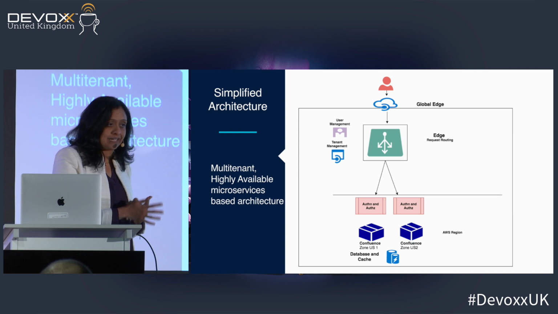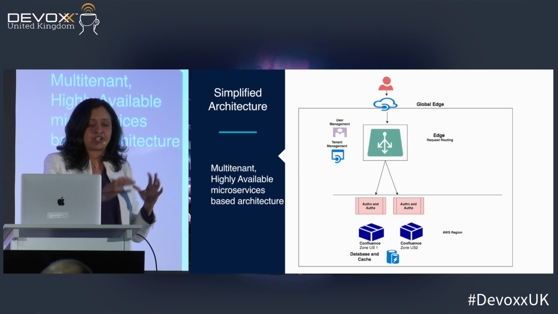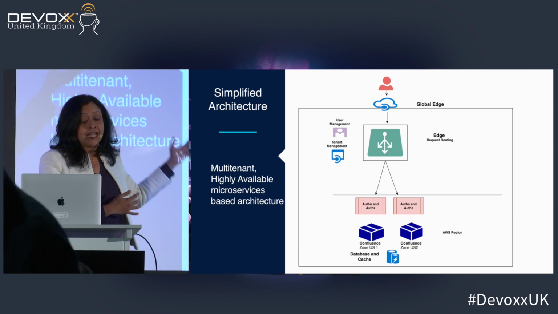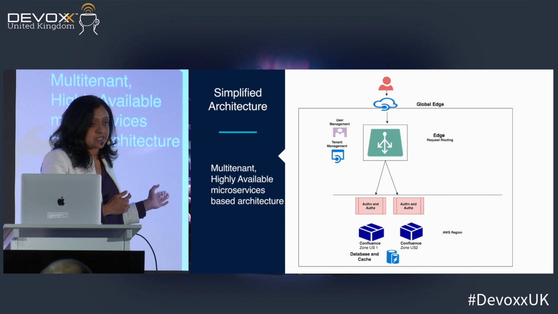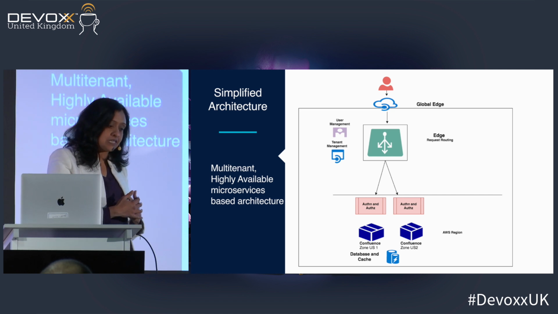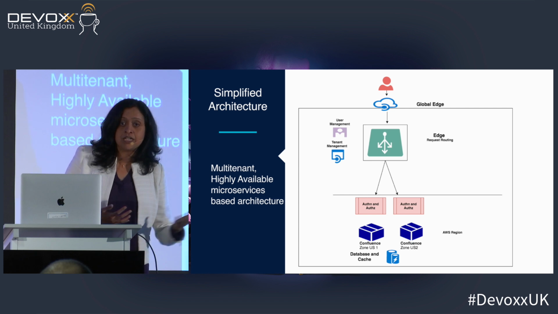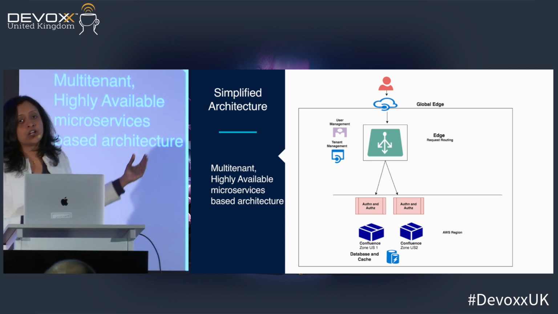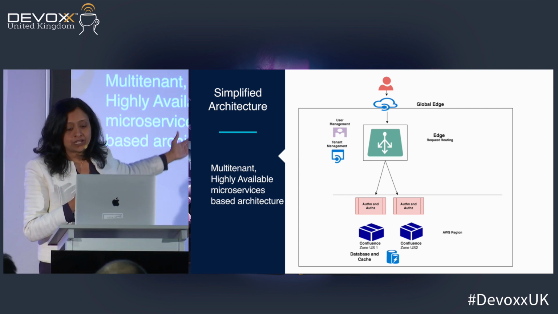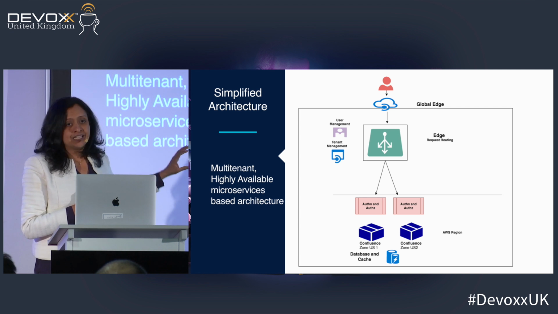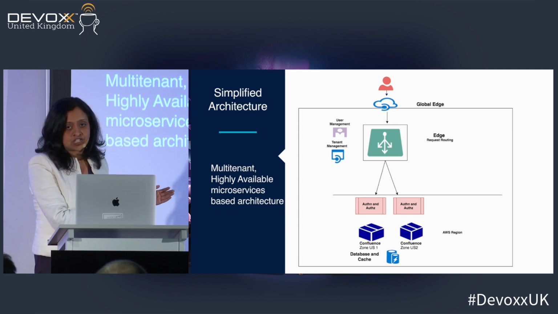One is the user level service for figuring out the details for the user. The other is the tenant level service, so it gets you all the details about the tenant. Once the details about a tenant are known as to which region, the routing service actually routes it. There would be authentication and authorization happening.